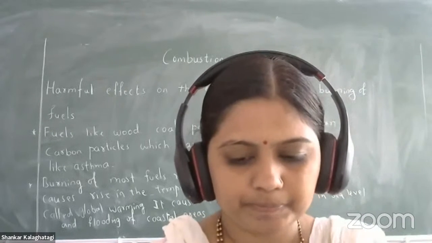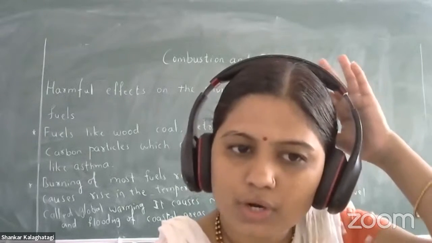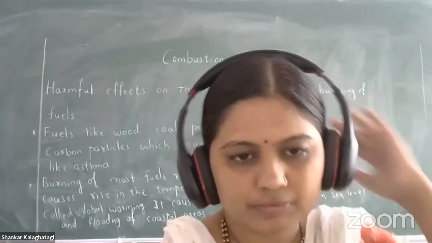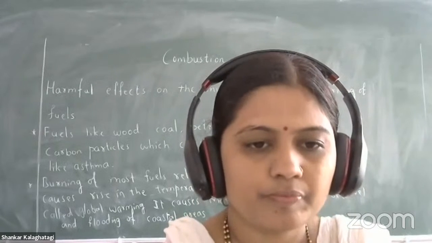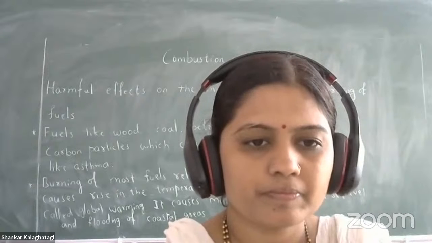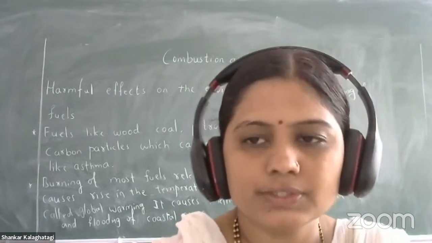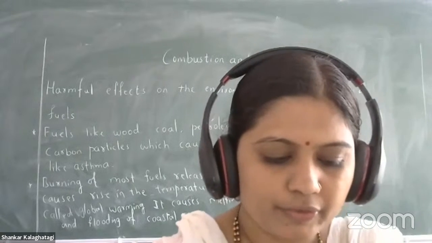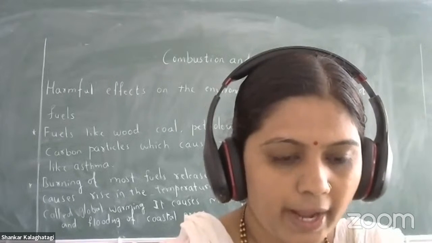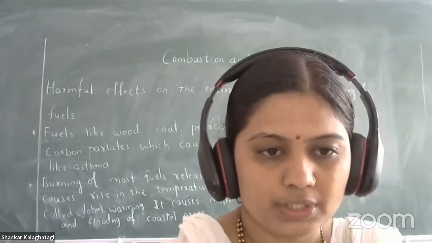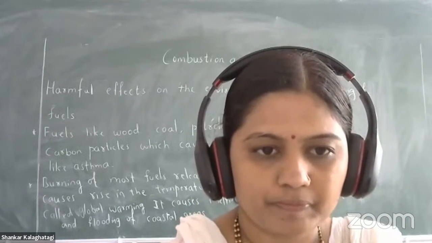Who will say that? CNG is used in automobiles. You know what automobiles means. So CNG has high calorific value. It does not produce ash or leave residues, but it produces sulfur oxide.